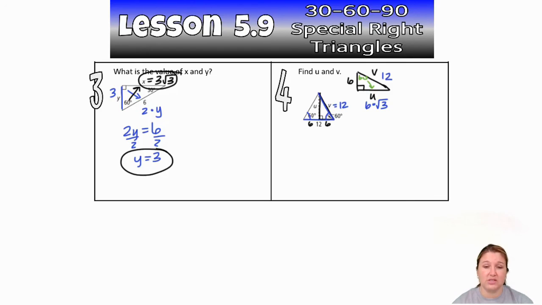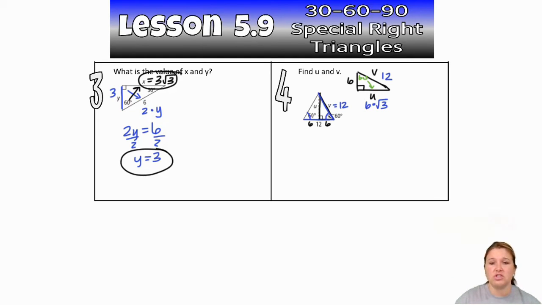So U is 6 times the square root of 3 and V is equal to 12. So just having some background in triangles and knowing that vocab and what that can mean, I got this figured out and had a little extra check in that problem solving there.